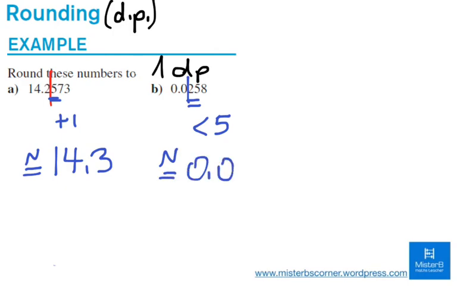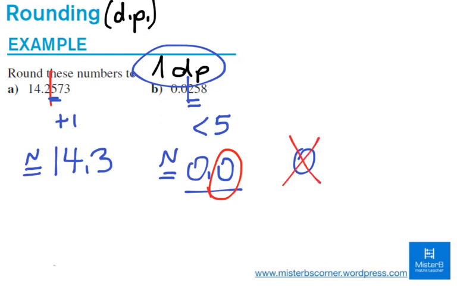Now notice that just because it's 0, I could say I'm going to write 0, not 0.0. But the question is asking you to round the number to 1 decimal place, so you should have 1 decimal place in your number. So the actual answer is not 0, but 0.0.